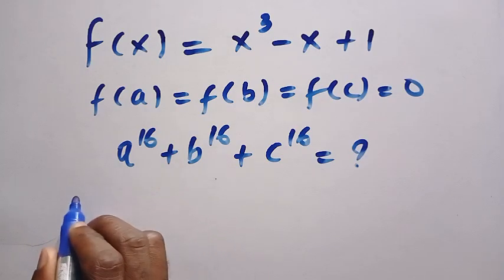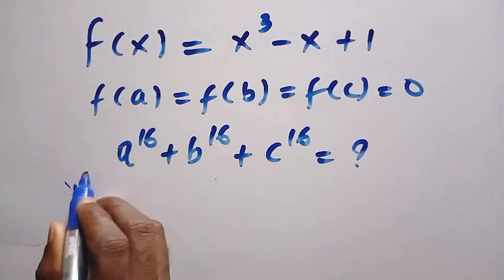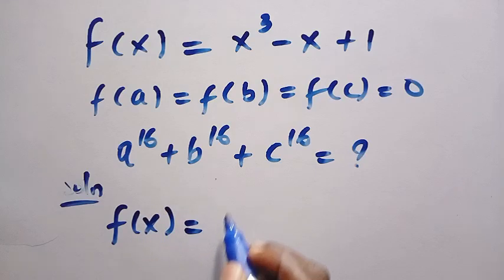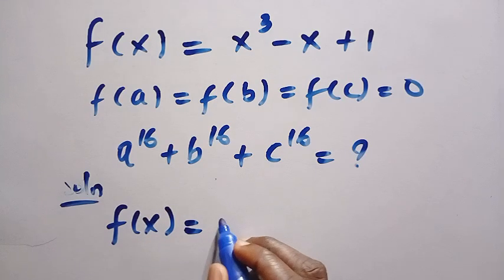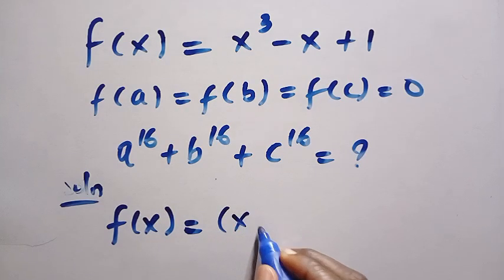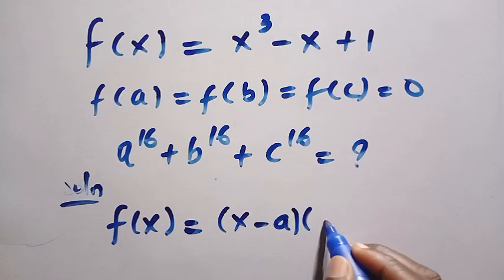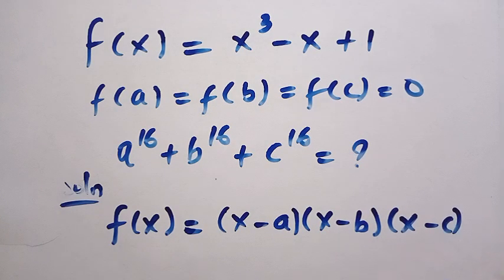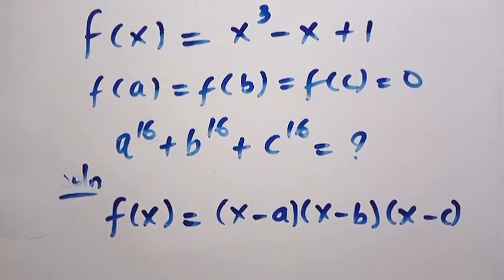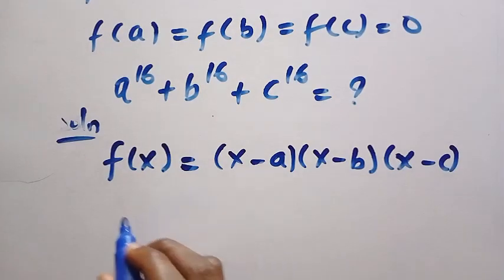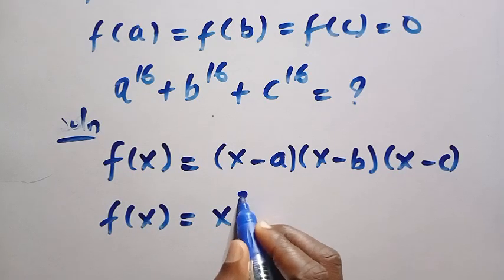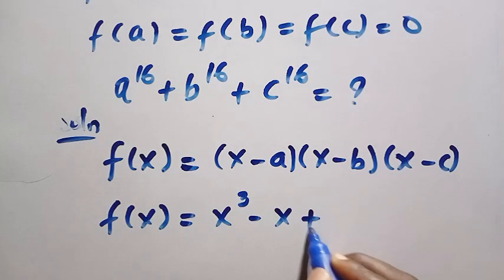Suppose f of x is given as x minus a multiplied by x minus b multiplied by x minus c. Then we recall the function f of x equals x raised to the power 3 minus x plus 1.